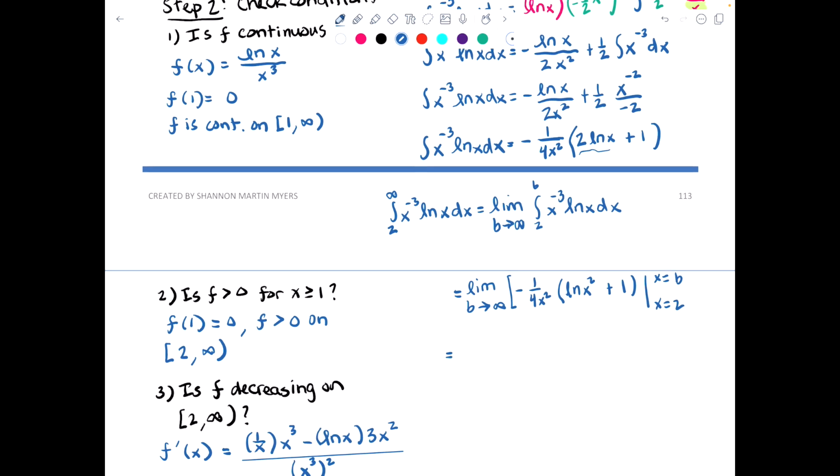And so we will get the limit as b approaches infinity of negative 1 over 4b squared times natural log of b squared plus 1, and then minus 1 over 4 times 2 squared, which is 16, times natural log of 2 squared, which is natural log of 4, plus 1.